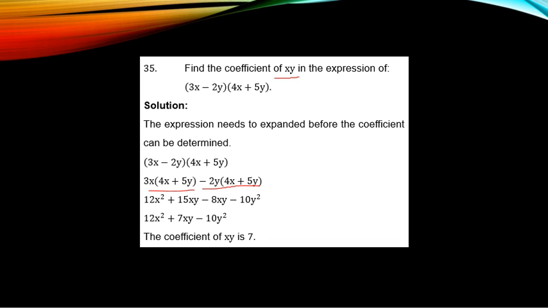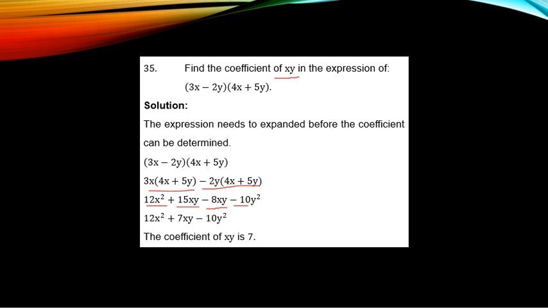Multiply the second bracket, then you multiply 3s times 4s, you have 12s squared. 3s times plus 5y, you have plus 15sy. So we are seeing sy now. Then take the second part, minus 2y times 4s, that is minus 8sy. Minus times plus is minus. 2 times 5 is 10.